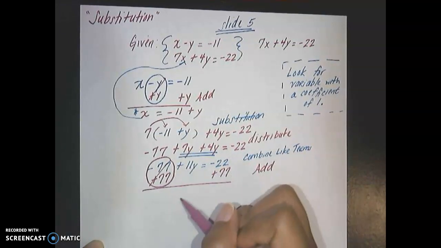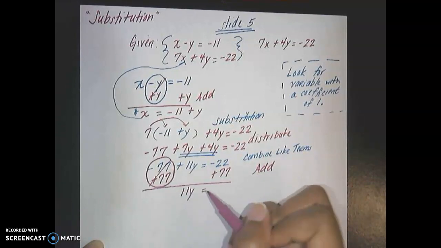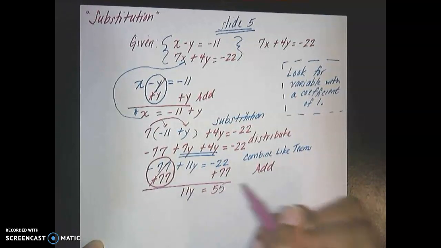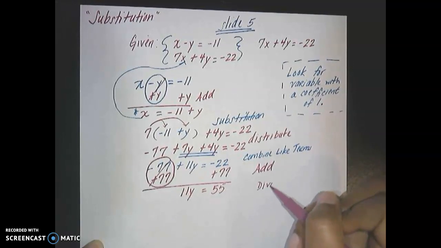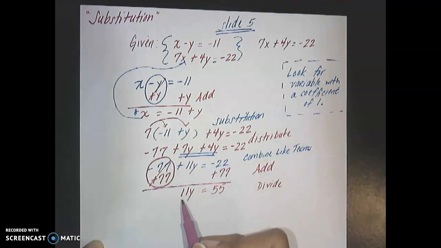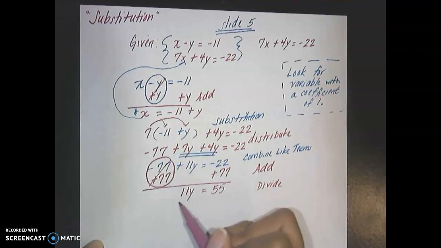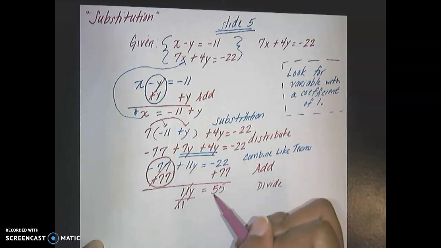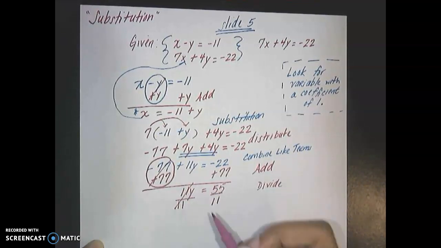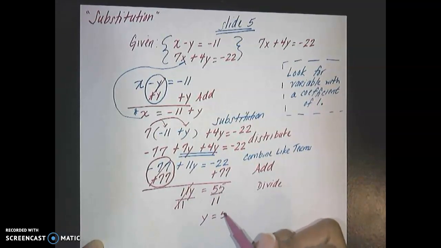I won't know. Okay, I still love you. So I added 77 on both sides. My last thing to do is the inverse of multiplying, because I need this to become a 1. So to make this become a 1, I'm going to divide by 11. So y is equal to 5.